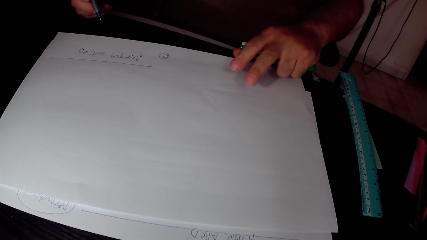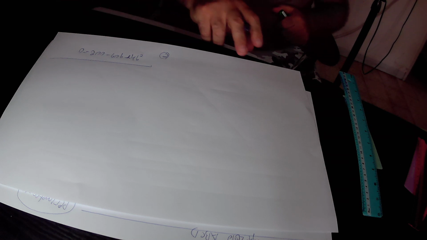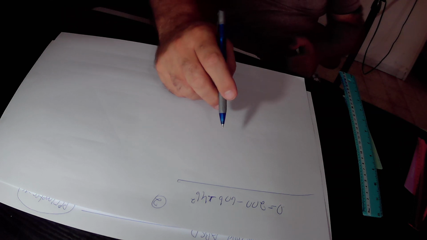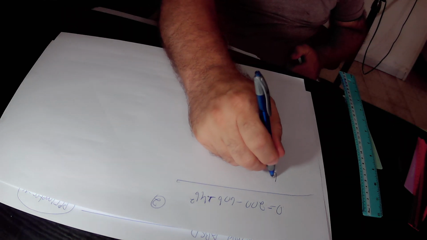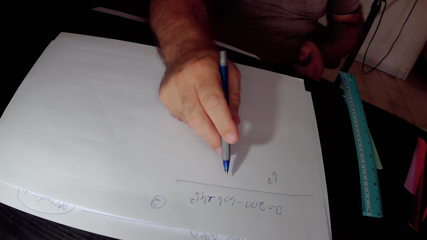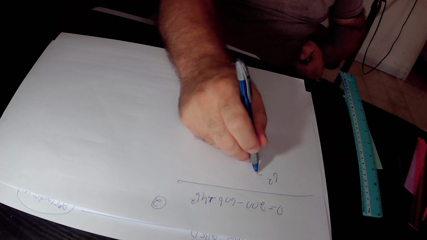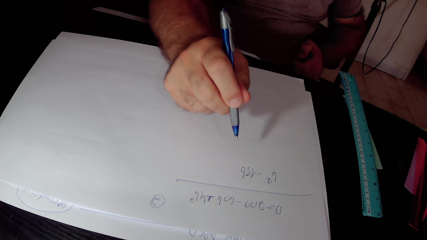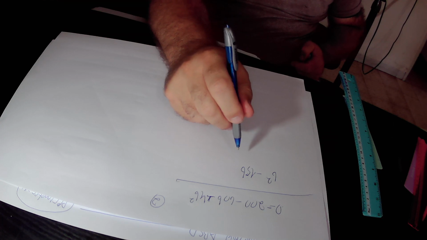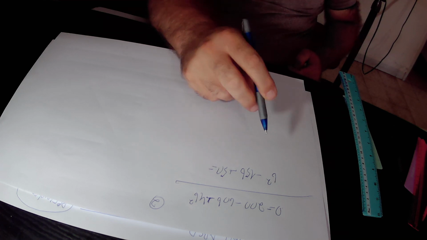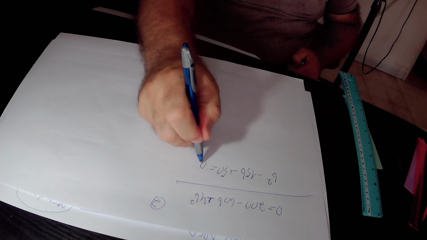Here we divide this equation by 4 and you get that 4b squared over 4 is b squared, and minus 60b over 4 is minus 15b, and 200 over 4 is 50, and it equals 0 over 4, which is 0.